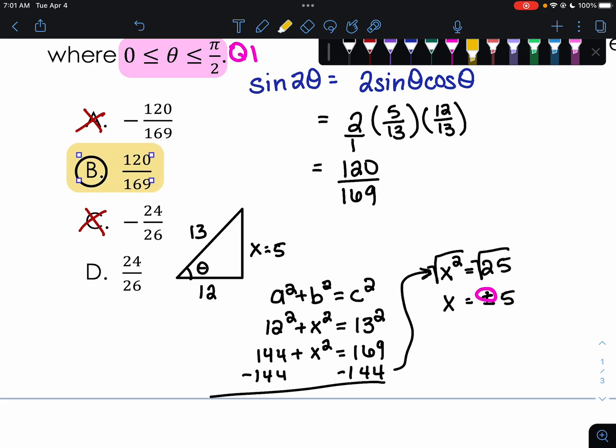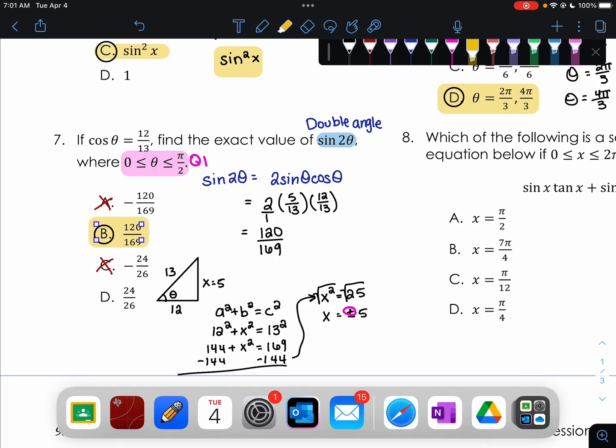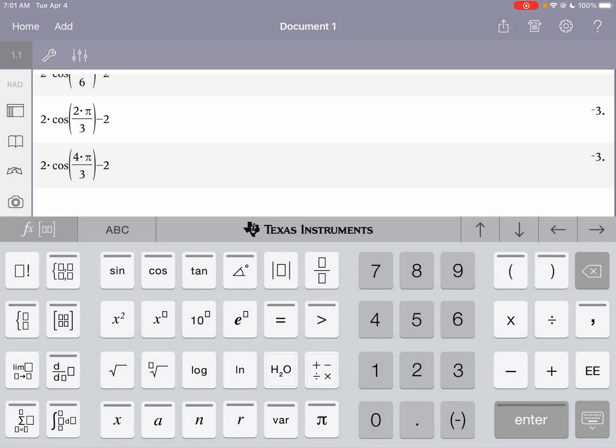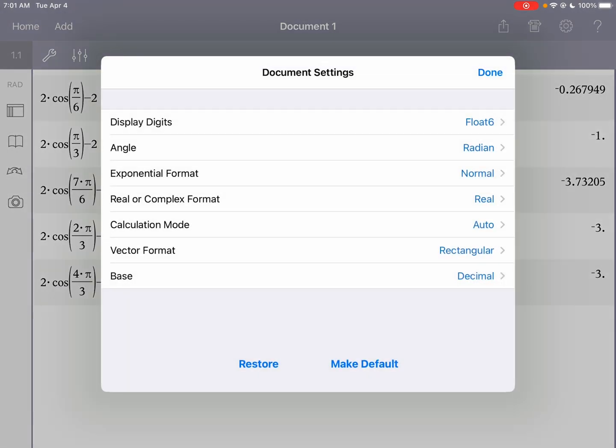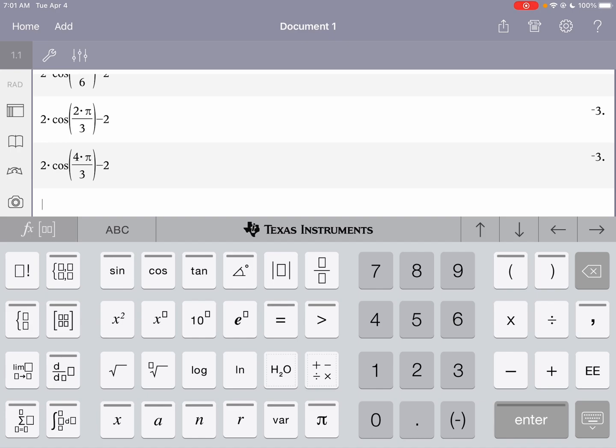So now, how we're going to confirm this is with our calculator. So we need to make sure that we're in radian mode, which we should be. So let's double check. Yes. If I want to find the angle and I'm given a value, I'm going to use cosine inverse.